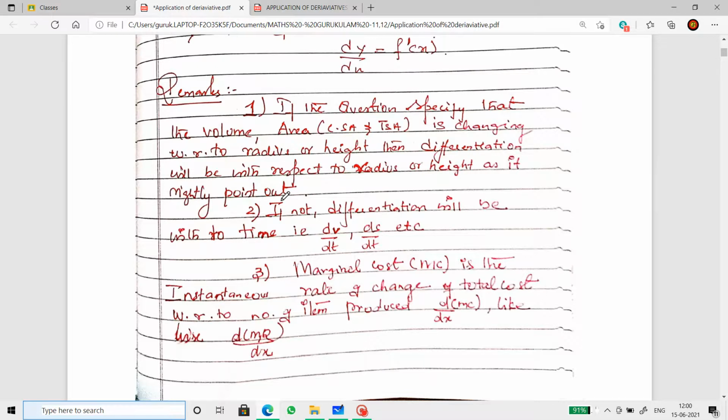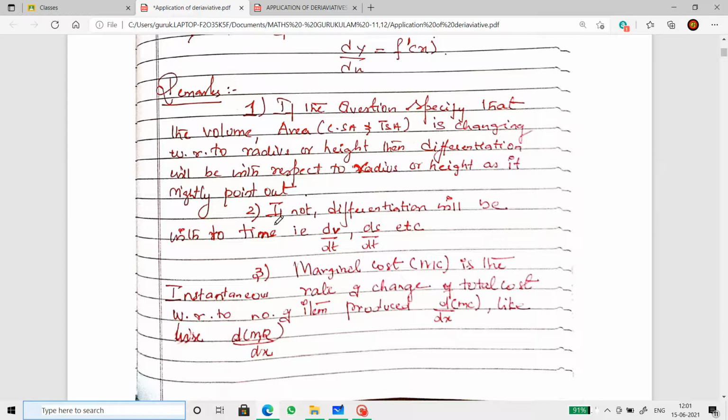If the question says that the circle's area changes with respect to radius, then I differentiate A with respect to r. If it says volume of a cone changes with respect to r or with respect to h, then we differentiate V with respect to r or with respect to h.